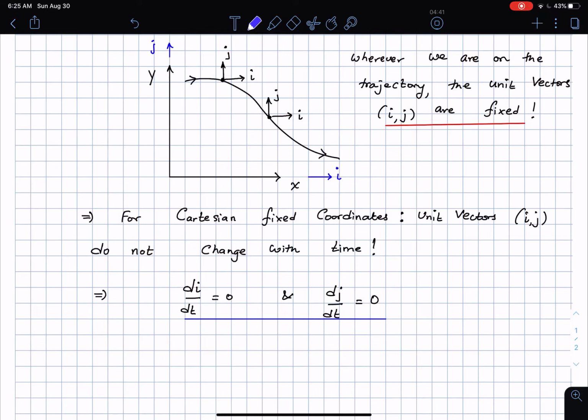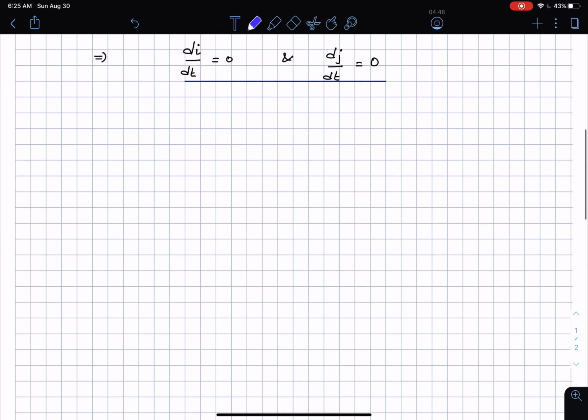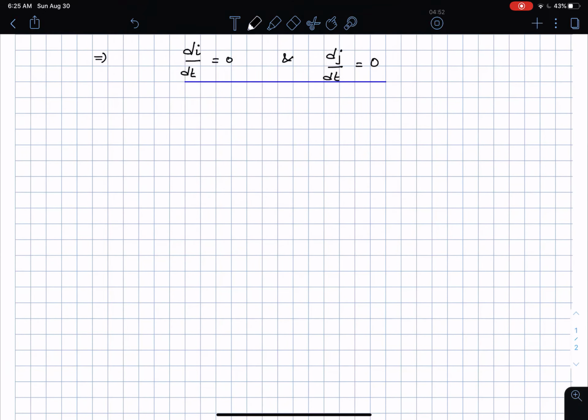All right, so with that particular premise, let me consider the same particle, same trajectory, and let me redraw the coordinate frame. So particle on a trajectory, coordinate frame i and j.